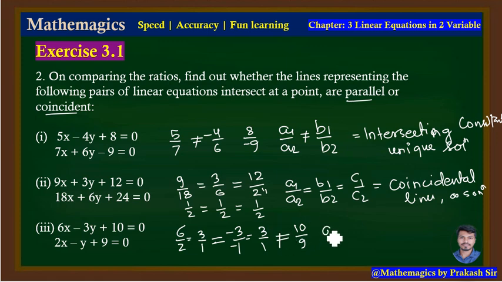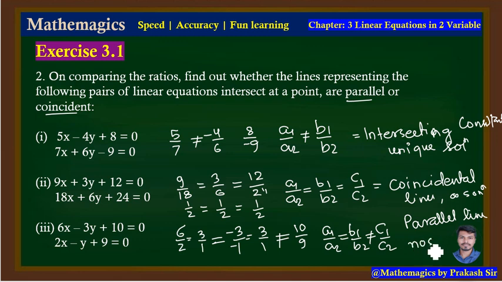It states that a1 by a2 is equal to b1 by b2, which is not equal to c1 by c2. And obviously this represents parallel lines. Parallel lines have no solution, and no solution means it is inconsistent.